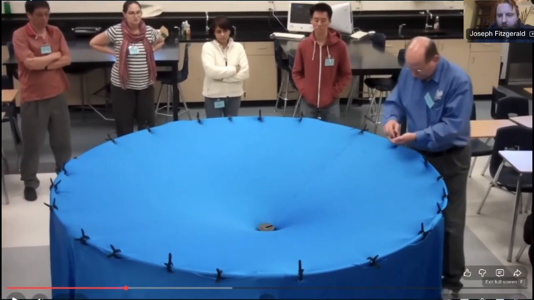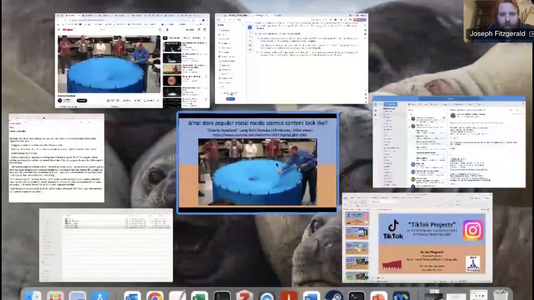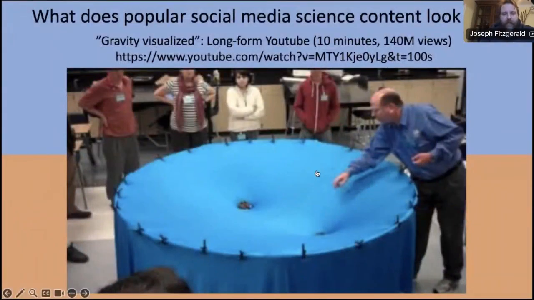Okay, so that's all I want to show from that one. The idea here is that instead of space-time bending, they have this rubber sheet and they have a weight on that sheet. And in just a short amount of time, by throwing some marbles around on the sheet, he's illustrating how geometrical effects, the bending of the sheet, can cause orbital dynamics, just like happens in the solar system.